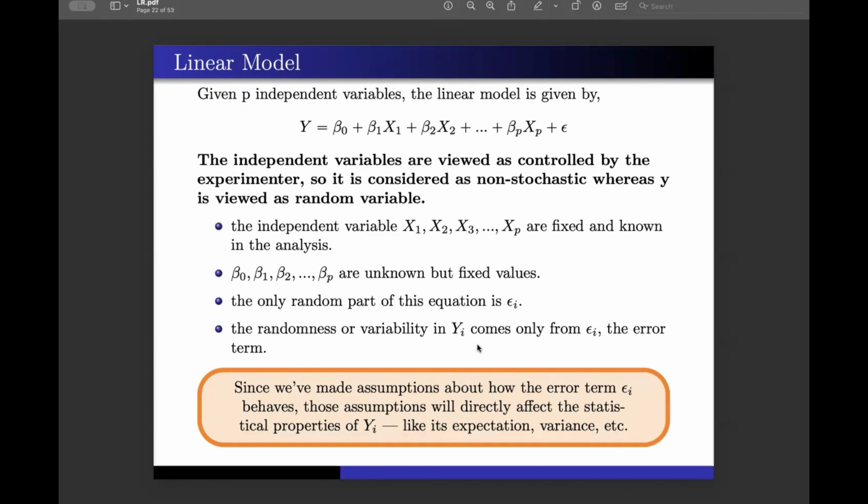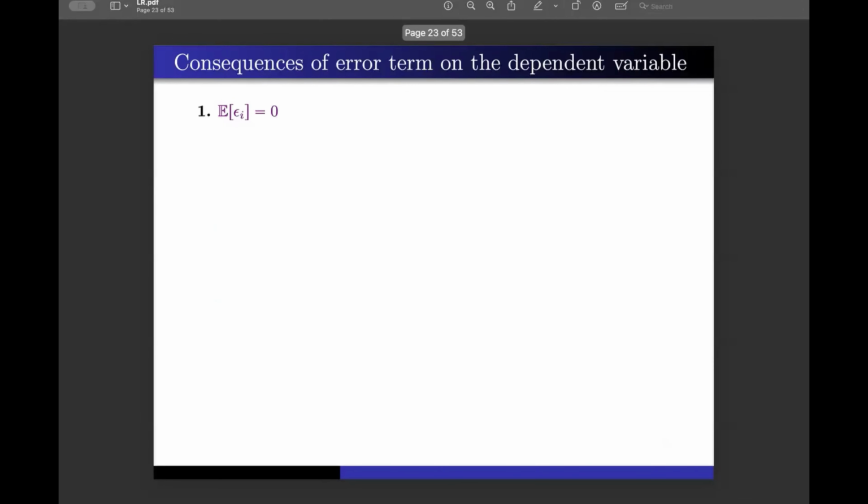And since we have made assumptions about how the error term ei behaves, those assumptions will directly affect the statistical properties of yi, like its expectation, variance, etc. How do these assumptions on ei affect the statistical properties of yi? This is what we're going to see now.